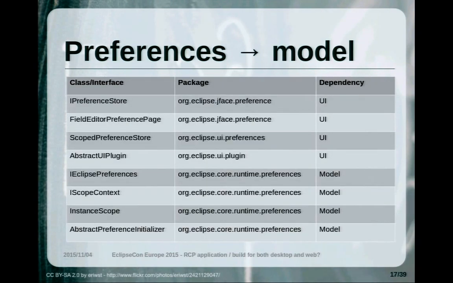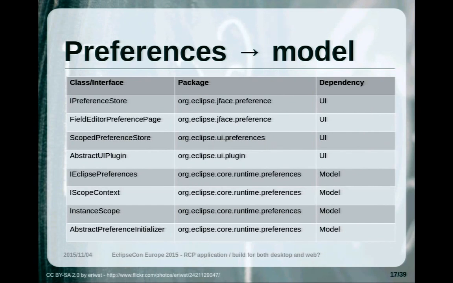What we do in Eclipse, when we instantiate the preference page, is ask the activator to get the preferences, and that happens in the UI part. So there the SWT or JFace dependency is hard-coded in the OSGi bundle. So we need a way to get rid of this.